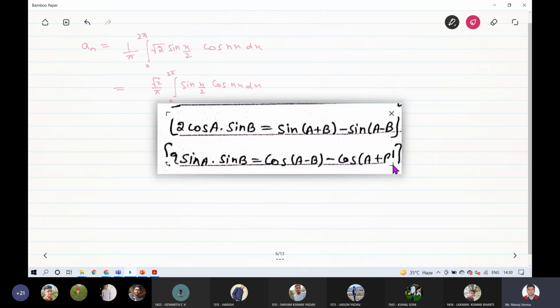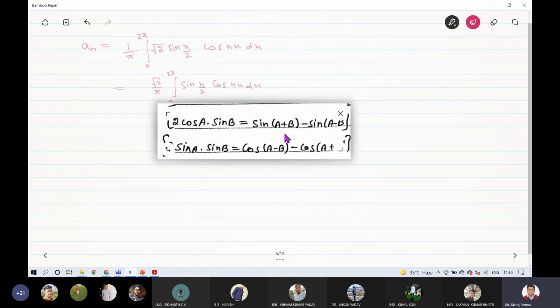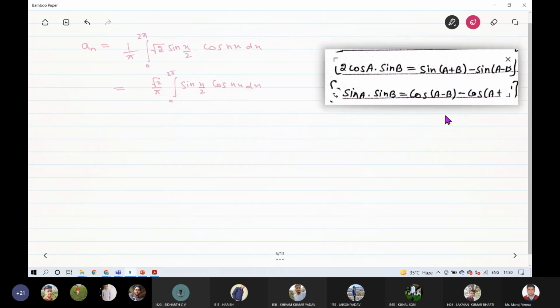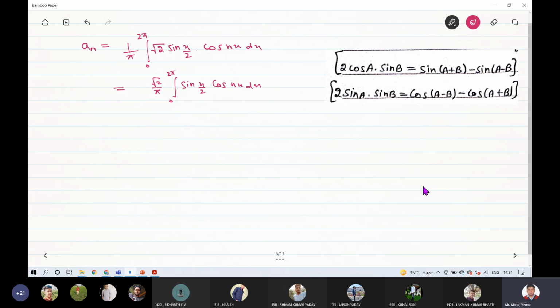This particular trigonometric relation can be used. I have 2 cos a sin b equal to sin a plus b minus sin a minus b. So I will multiply and divide it by 2.